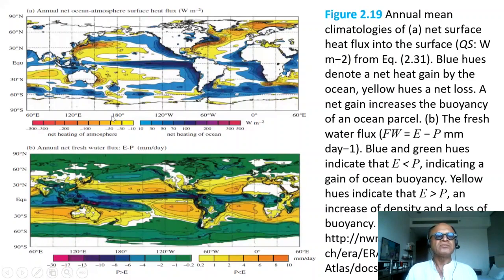So in general, you can see that wherever ocean is dynamically lifting cold water to the surface, atmosphere tries to damp that cooling, which means ocean is taking up the heat.